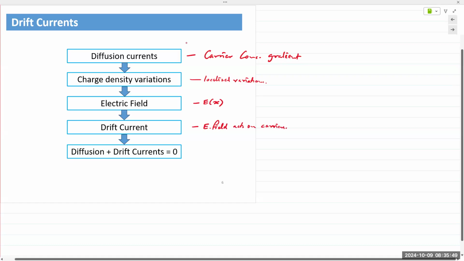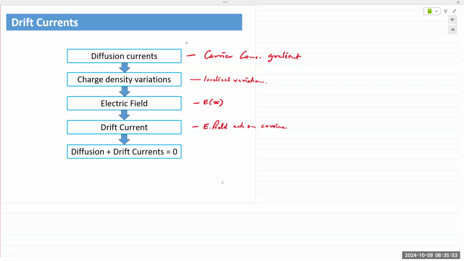Because it's in the opposite direction, that drift current doesn't cancel out the diffusion actually, it balances out the diffusion and stops the charge carriers from moving further into the P and N type material. So once it reaches equilibrium, the total current after equilibrium is 0.